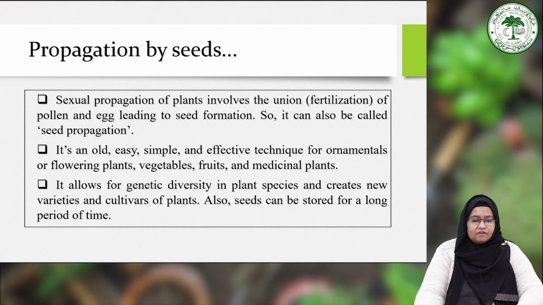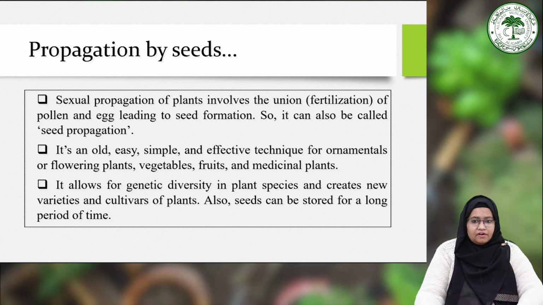Propagation by seeds involves the union of pollen and egg leading to seed formation, so it can also be called seed propagation. It's an old, easy, simple and effective technique for ornamental or flowering plants, vegetables, fruits and medicinal plants.